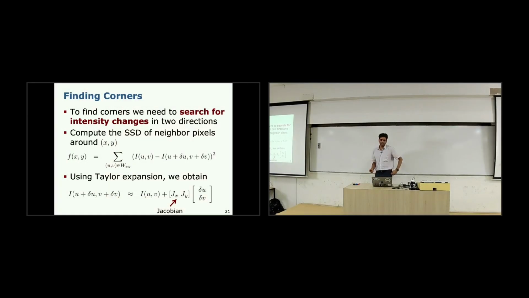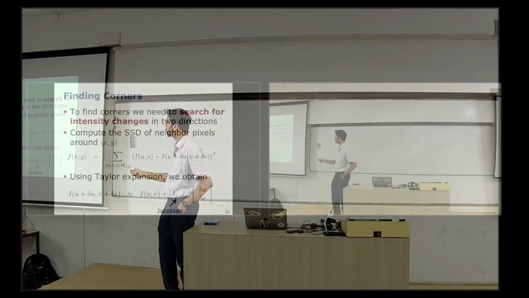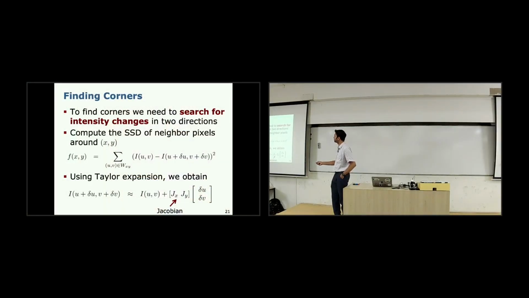After this, you could do a little bit of math manipulation. I'm sure you're all familiar with the Taylor expansion. You could rewrite this term here, u plus du comma v plus dv, as this particular formula here, where you're just taking the first order approximation using the Taylor series.